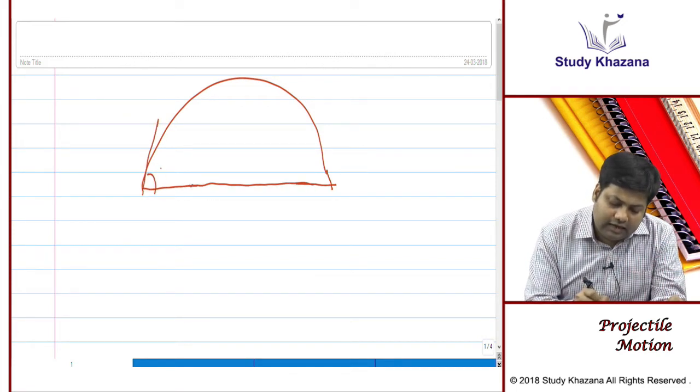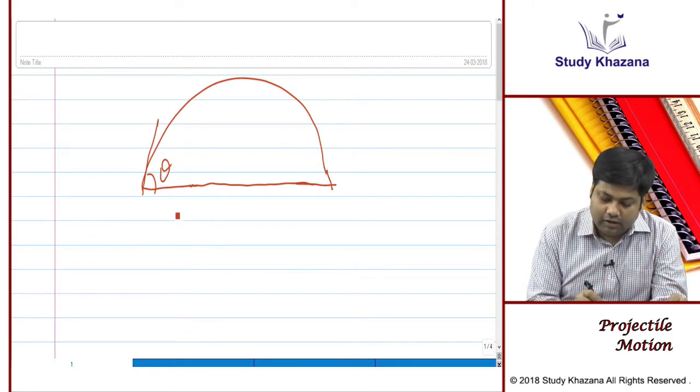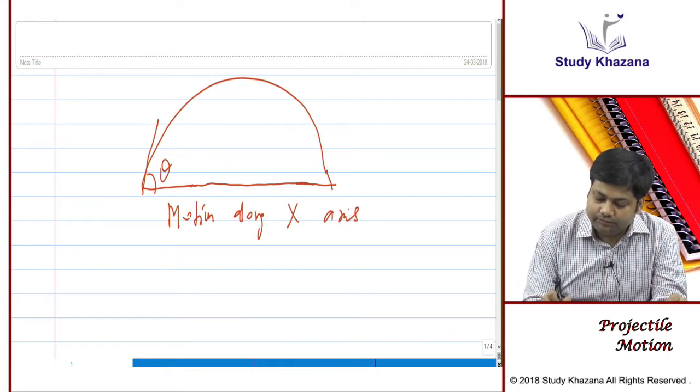If you throw with an angle theta, then the motion has to be analyzed along 2 particular axes: the motion along the x-axis and the motion along the y-axis.